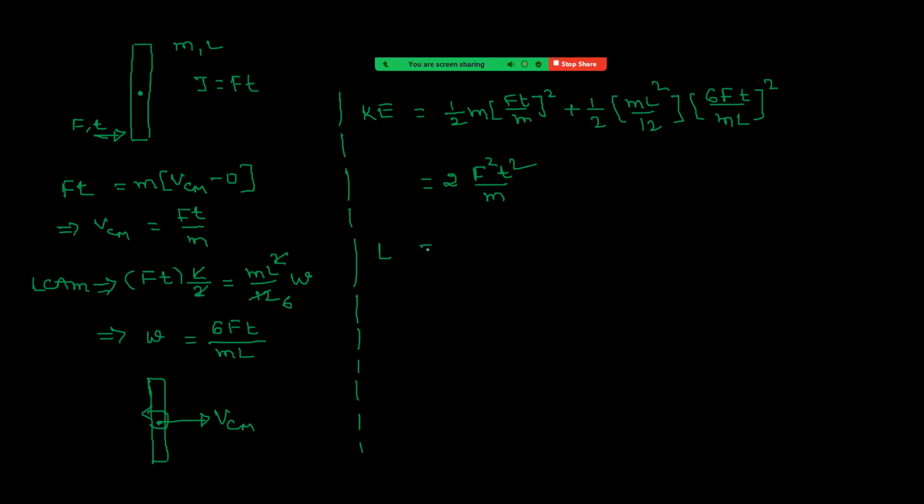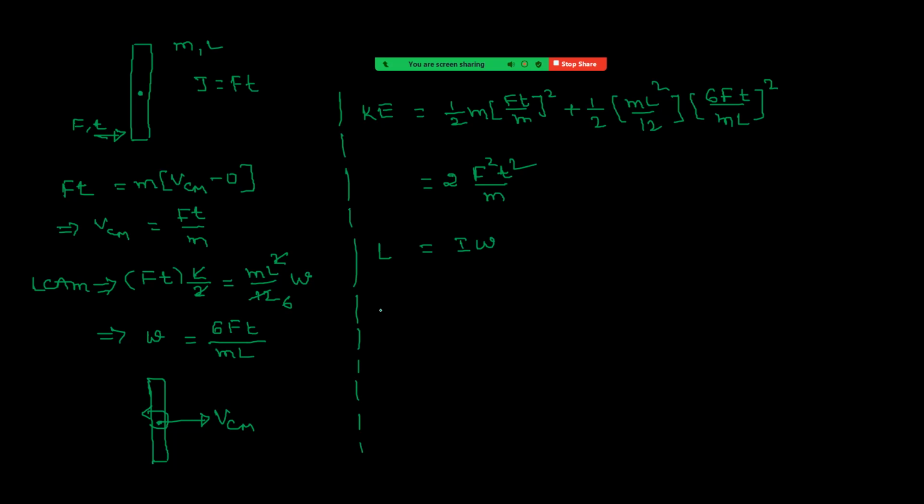So it is equal to, directly we can write I into omega. Right? Because he's asking now about center of mass. About center of mass means because of translation, there is no angular momentum.